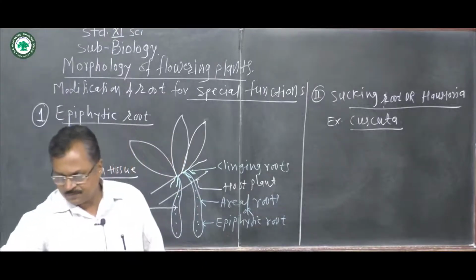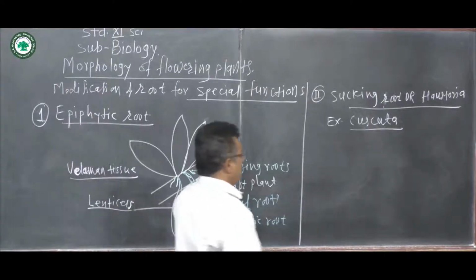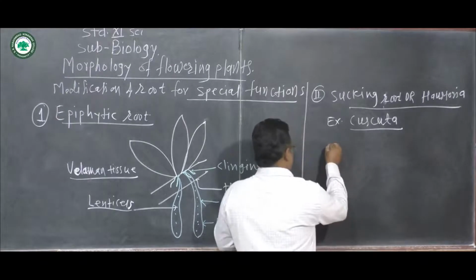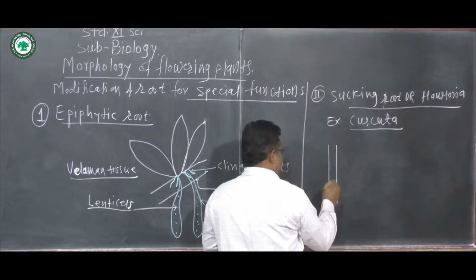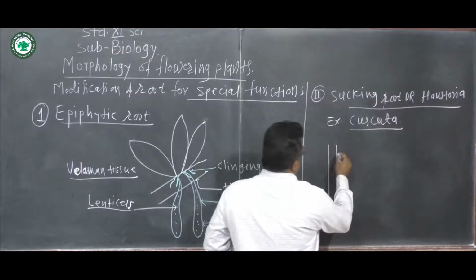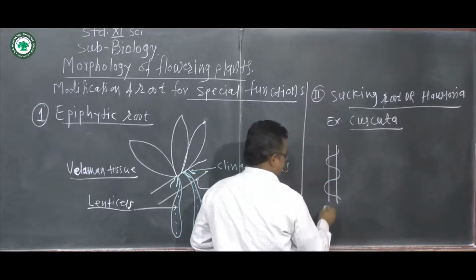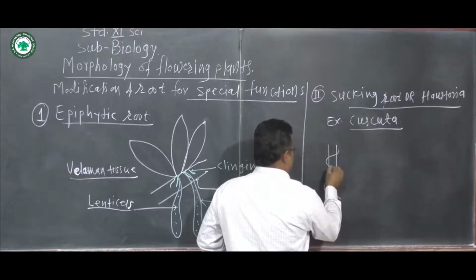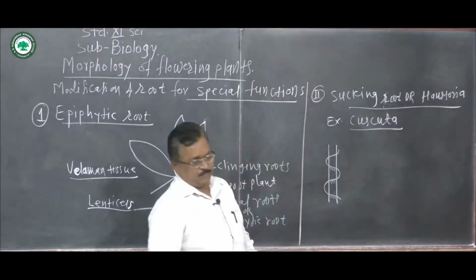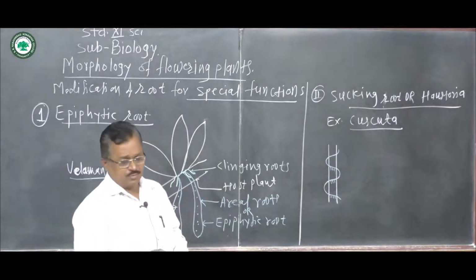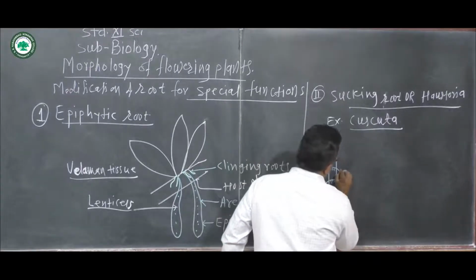These plants, Cuscuta plants, are without leaf, without a root. They grow on other plants. They depend on other plants totally for water and food, because it has only the wiry stem.